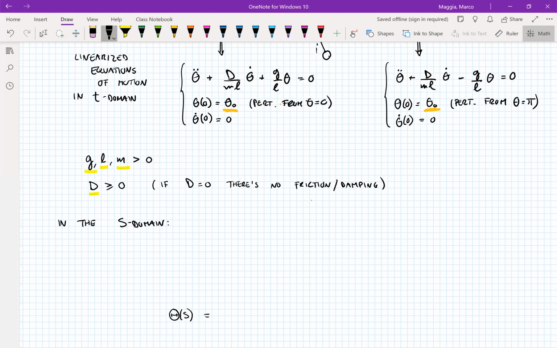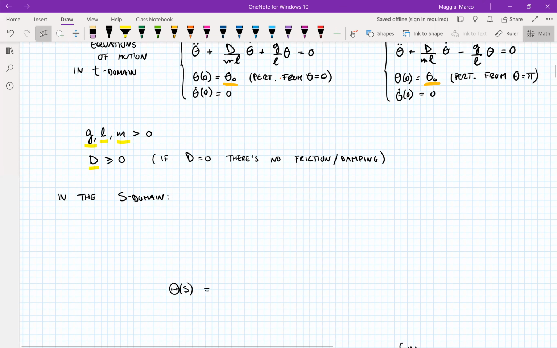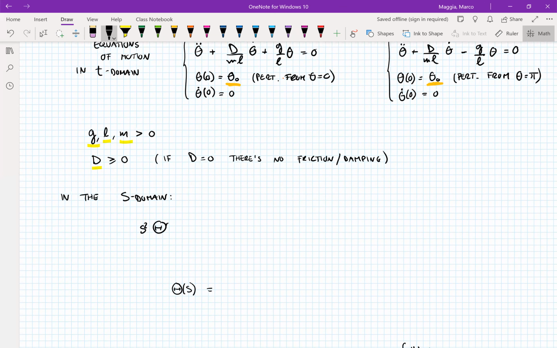So going on with our example, which once again is a review of what we've seen so far, we can transform our equations of motion from the time domain to the s domain by taking the Laplace transform. So we have s squared times theta of s minus s theta 0. We don't have the theta 0 dot, being equal to 0.